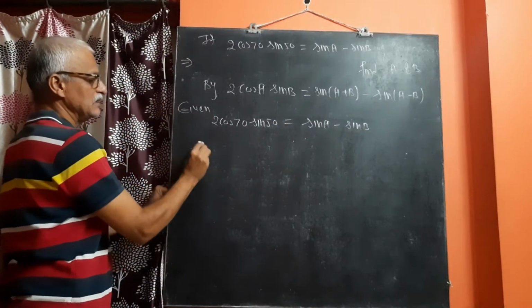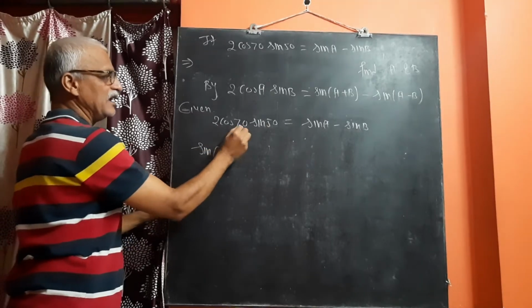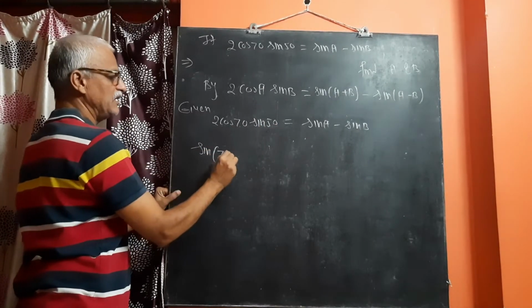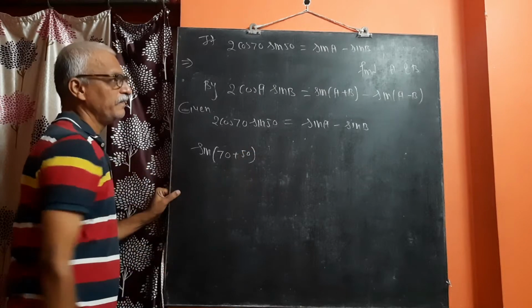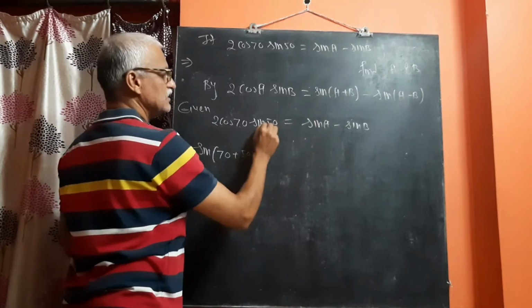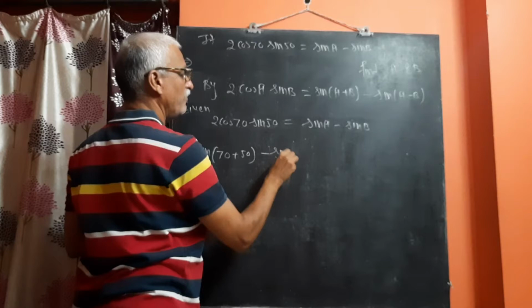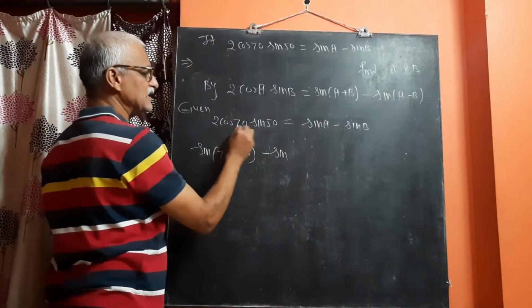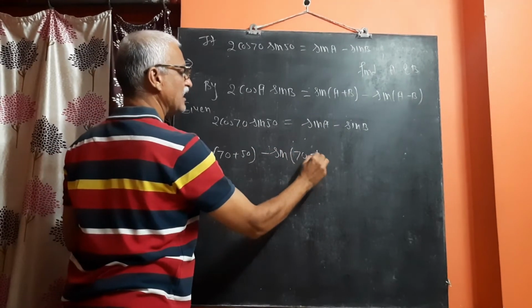So this will be sin A plus B, that means 70 plus 50, minus sin A minus B, that means 70 minus 50.